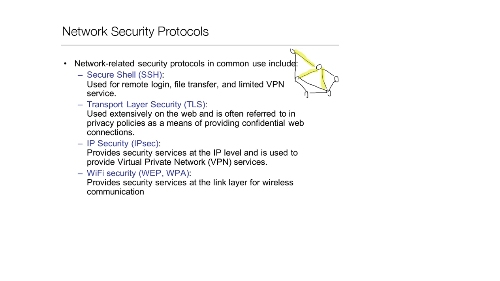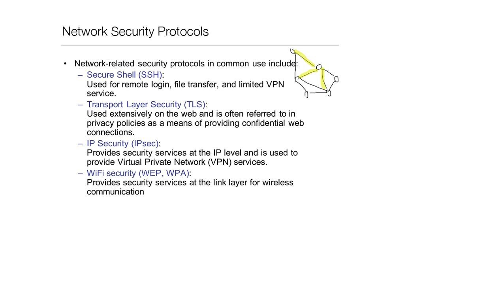The IP layer covers the connection from the device to the other point that it is going to communicate with. And the transport layer provides encryption. TLS and SSH provide security for the application layer.